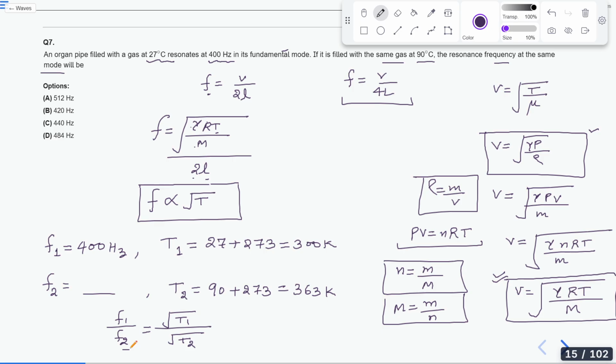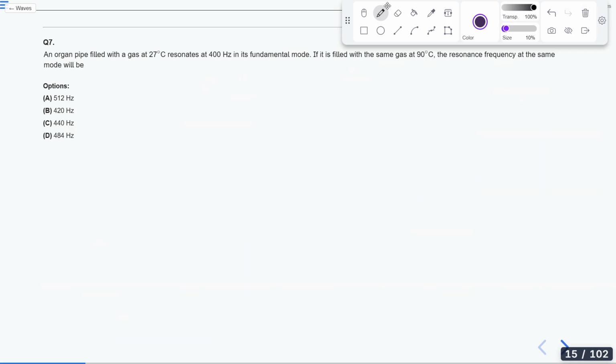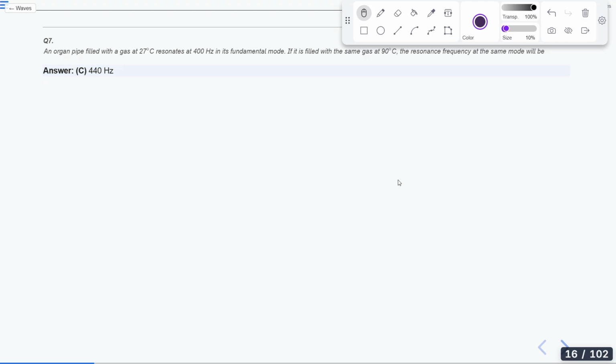Okay, so which option is correct? C. Let's see. So option C is correct.